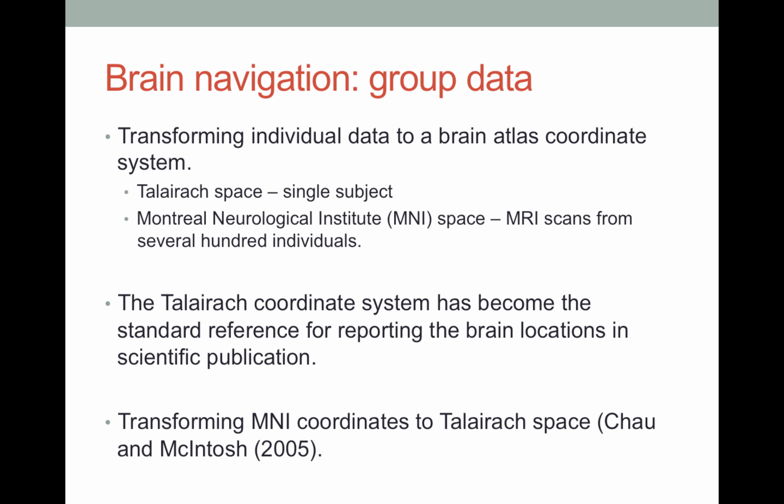The most widely used spaces in the neuroscience community are the Talairach space and the Montreal Neurological Institute space, which is MNI space. The Talairach coordinate system has become the standard reference for reporting brain locations in scientific publication, even when the data have been spatially transformed into different brain templates, for example MNI space.